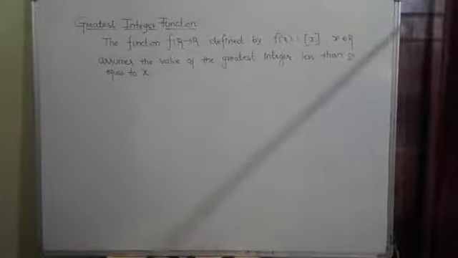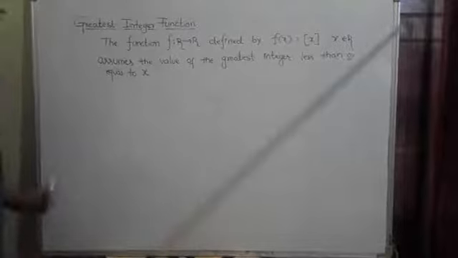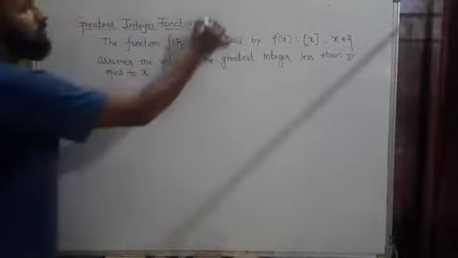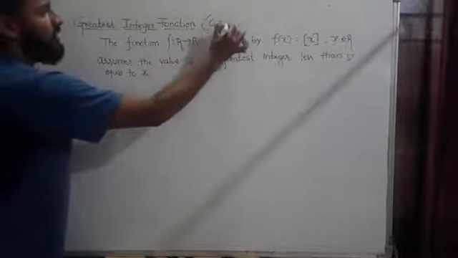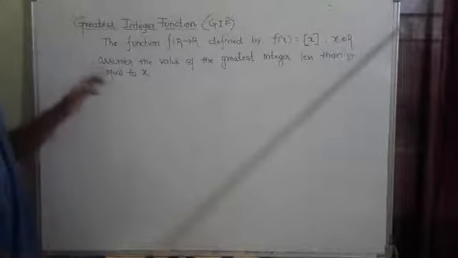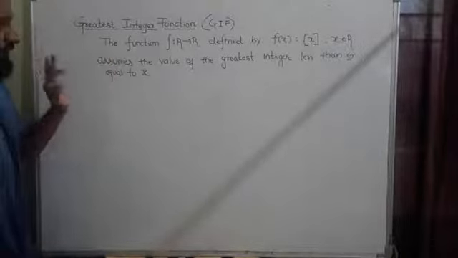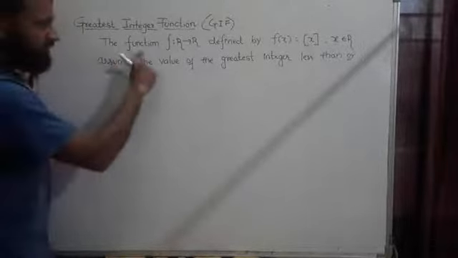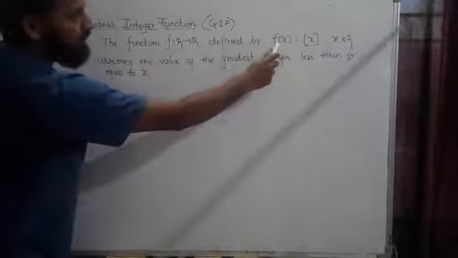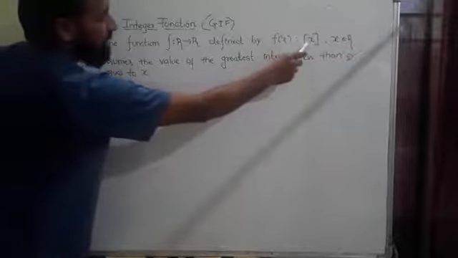Well, dear students, now let's see the next one, that is greatest integer function. Generally we also denote it with GIF. The function f from R to R is defined by f of x equals bracket.